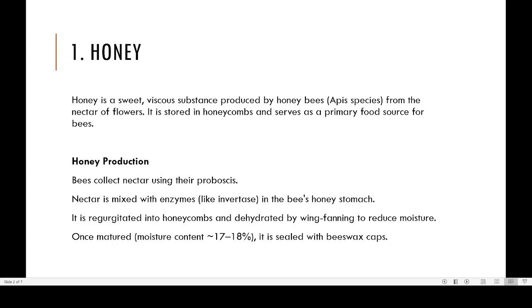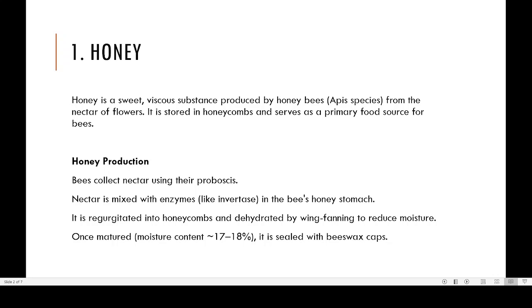Now, coming to the production of honey, bees collect nectar using their proboscis, a very small tube-like structure in their mouth. The nectar is mixed with the enzymes produced by the honeybee, mainly invertase. This invertase converts the sugar present in the nectar into the type of sugar normally present in the honey.